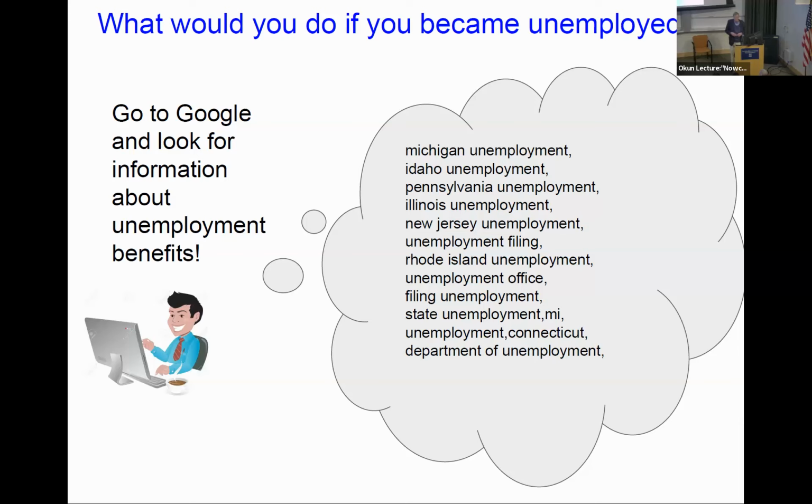Unemployment filing, where's the unemployment office? What do I have to bring to the unemployment office? All sorts of queries related to that topic. And it's not too surprising, for the reasons I mentioned earlier, that those queries on unemployment benefits are then predictive of the actual unemployment claims that are occurring a few days later.